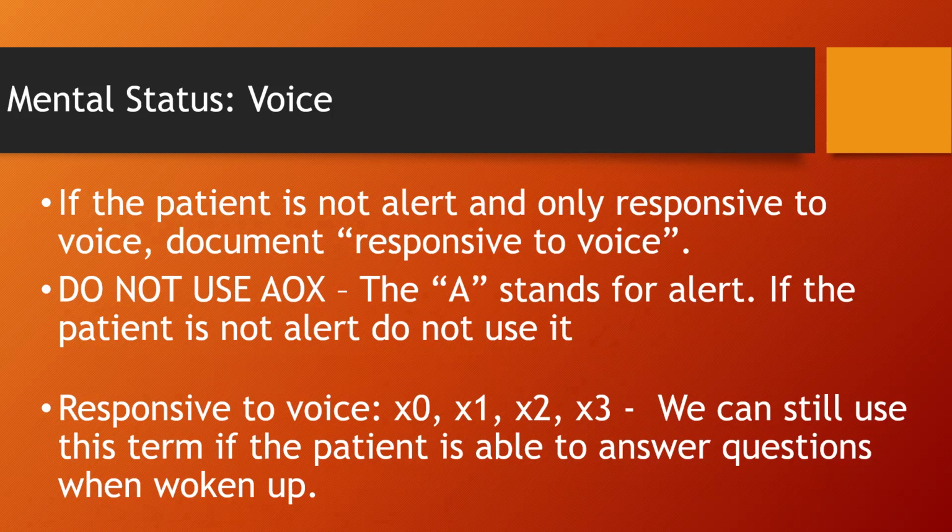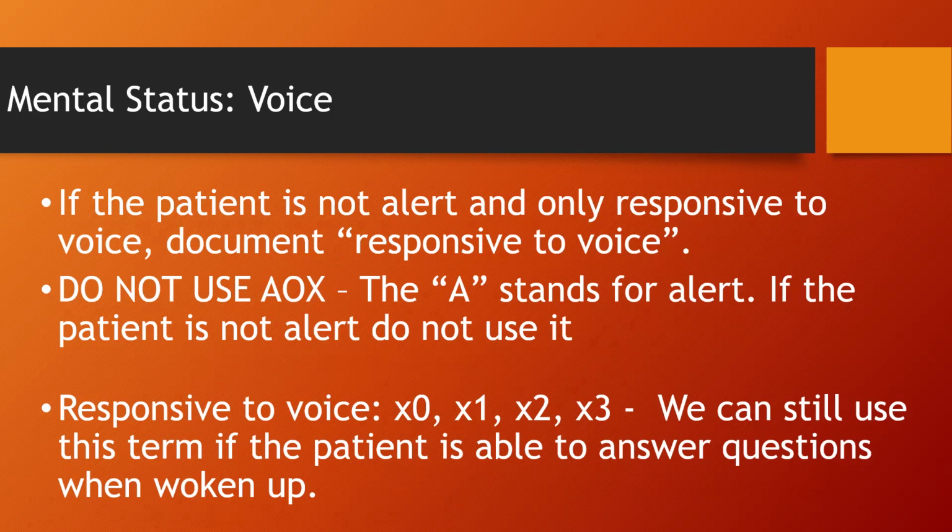You can use the term responsive to voice times 1, 2, or 3, right? Because if the patient is not really alert to their surroundings, but you have to yell at them, hey, John, what's your name, right? I kind of gave them the name, so don't use that. But in the situation where I have to ask them questions and they're not responding properly, or maybe they give me one or two, I might say responsive to voice times 1 to name, or to person and place.